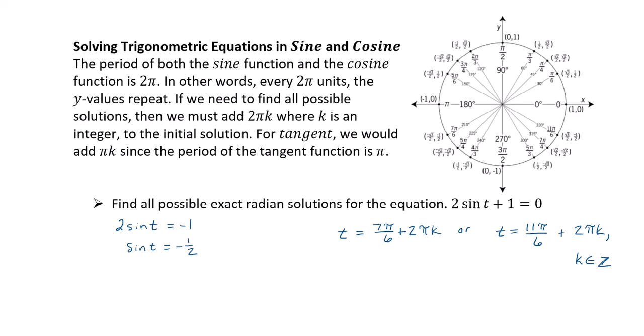If k were 2, then 4 pi, or 2 more positive rotations, will be added to 7 pi over 6. We also have k equaling -1, -2, -3, and so on. As long as k is an integer, these two formulas will help you to capture all of the solutions that could ever occur.